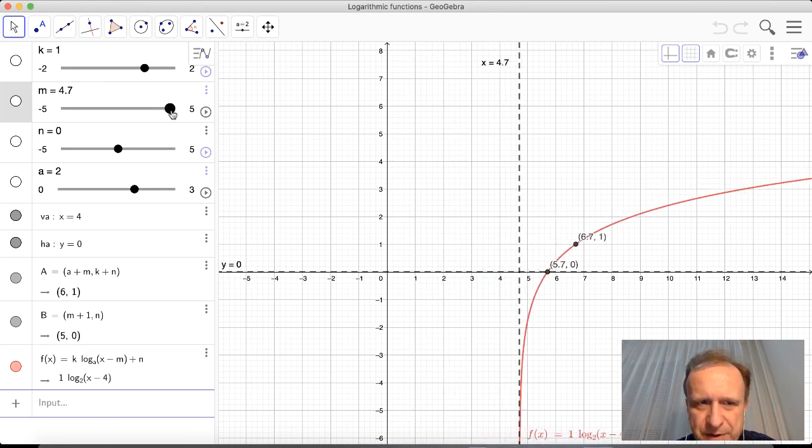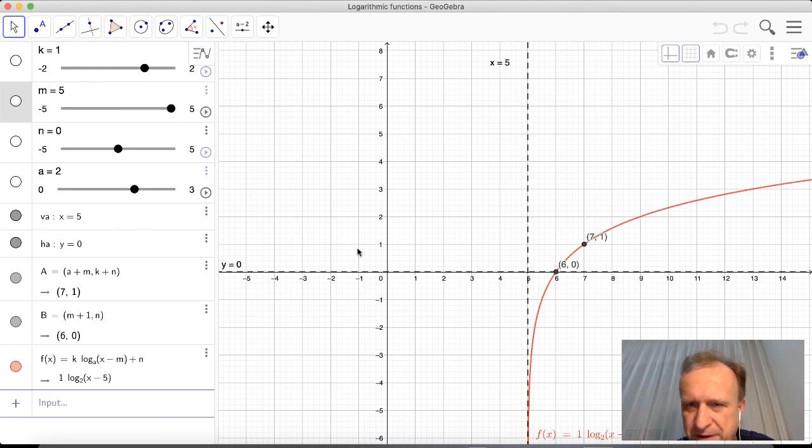So for example, when m equals 5, the vertical asymptote is x equals 5. This point has the x-coordinate of 6 and this one of 7, because these are increased values of the original coordinates of these points, which were 1 and 0 and 2 and 1. Okay, so this is the effect of m.